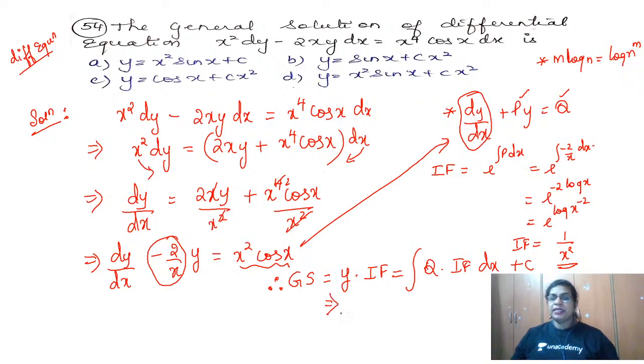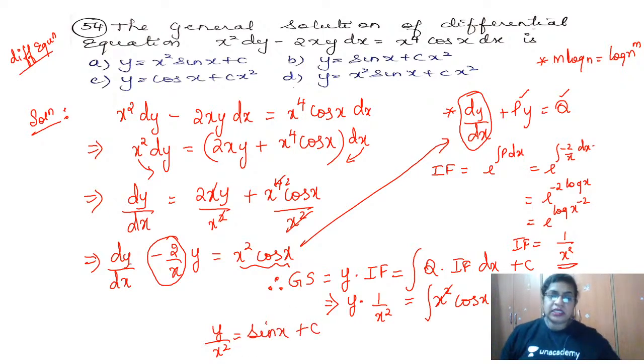So this is equal to y into 1 by x square is equal to, what is q? Q is x square cos x into integrating factor 1 by x square. So x square cancels, dx. What is integral of cos x? We have sin x, isn't it? So we have y by x square is equal to sin x plus c.